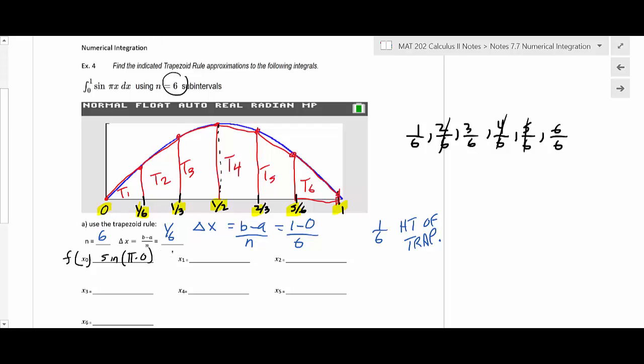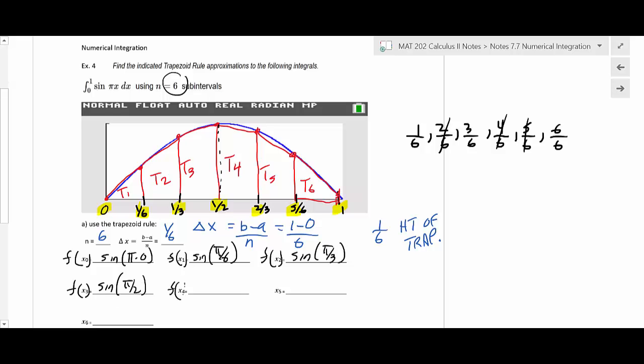Then the next one, f of x1, is going to be sine of pi times the 6th, or sine of pi over 6. And then f of x2 is going to be the sine of 1/3 times pi, or pi over 3. Then f of x3 is going to be sine of pi over 2, 1/2 pi.